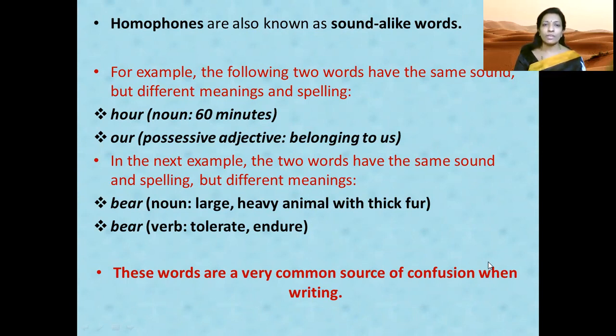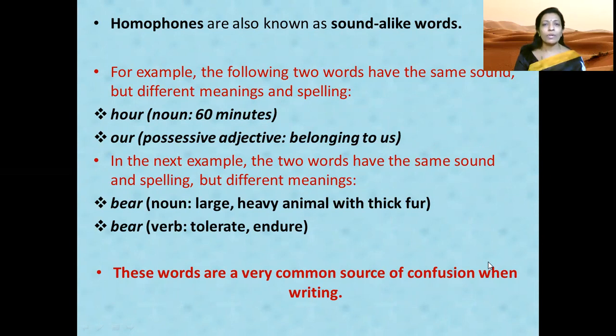The first word HOUR is a noun which means 60 minutes. The second word OUR is a possessive adjective and means belonging to us. So here we see that these two words sound exactly alike, but they mean completely different things.